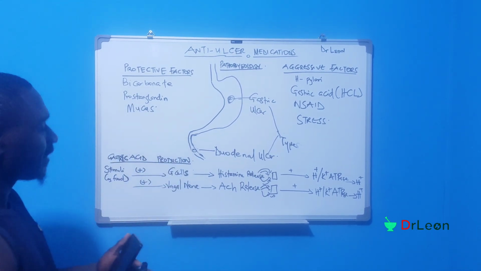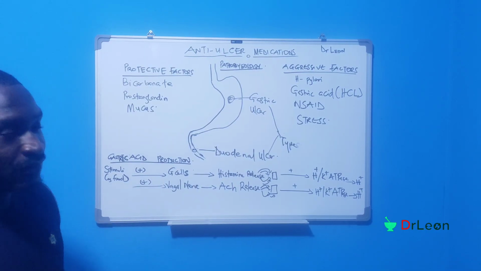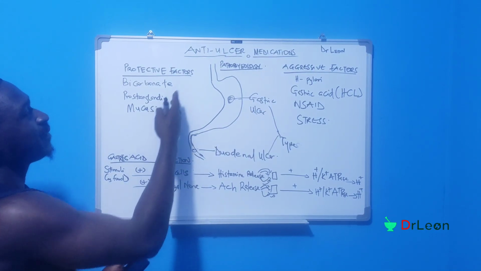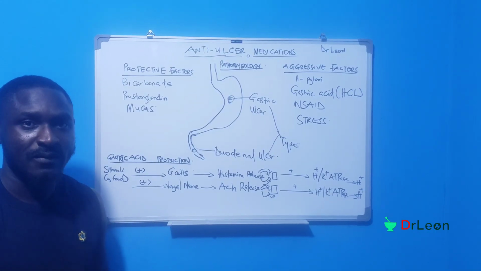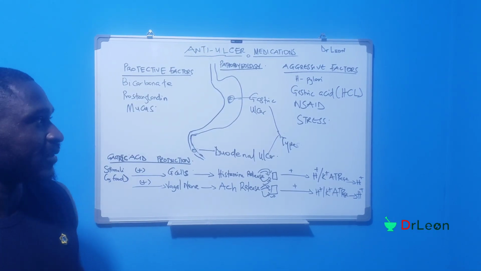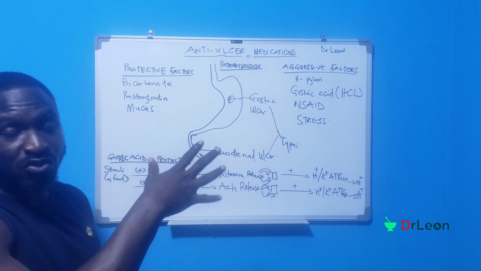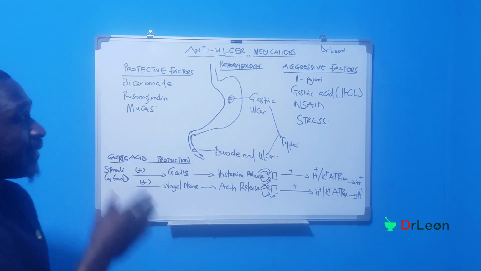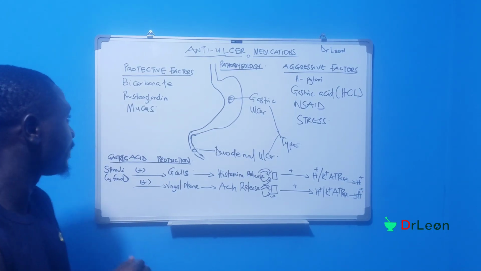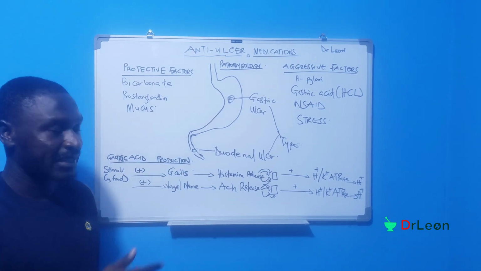With the protective factors, we have what we call bicarbonate. From our basic science, bicarbonate is a base, or an alkaline solution. In simple terms, it is able to neutralize the acid, so it's a protective factor. We also have what we call prostaglandin.